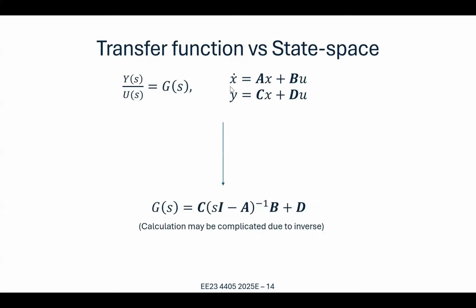This is G, and the state equations are x dot is Ax plus Bu, and y is Cx plus Du, and G is C, the matrix or the vector here, times the inverse of S. So s is the operator s, the complex frequency operator. sI minus A inverse times B plus D.